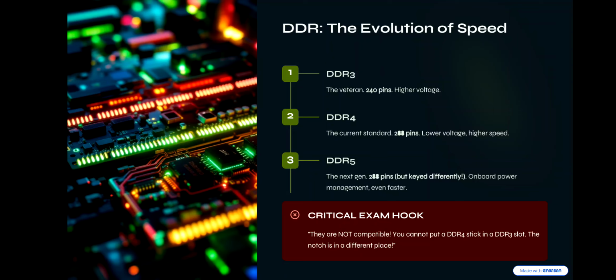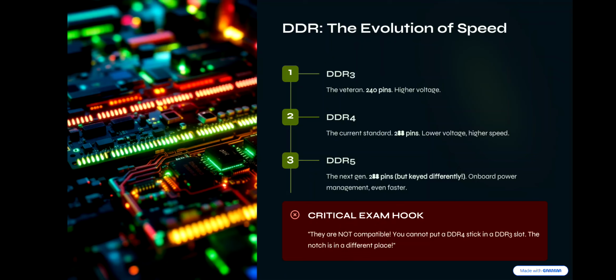And then we look at the RAM family tree. There are different members in the RAM family tree, and that family tree is called the DDR generations. What does DDR stand for? Yes, it stands for double data rate. So the RAM evolves like superheroes.